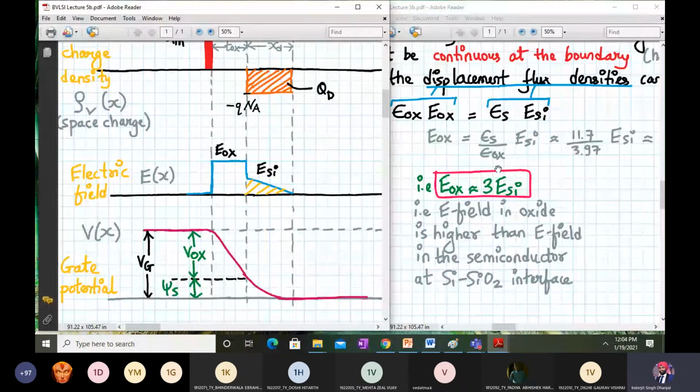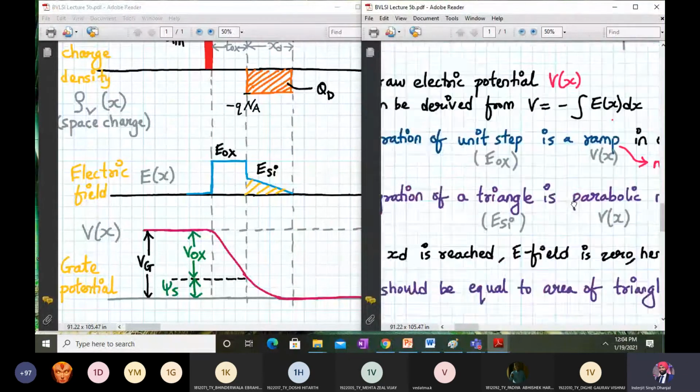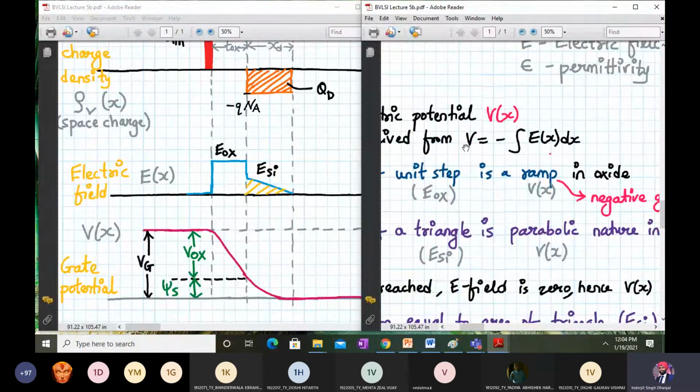It is derived from this formula: the potential will be given by minus the integral of E of x dx, because the electric field is a function of x.